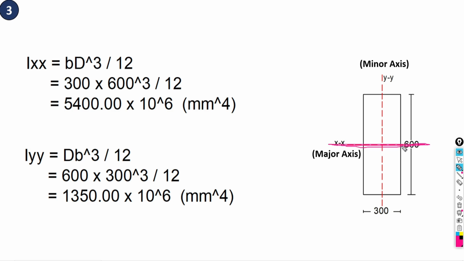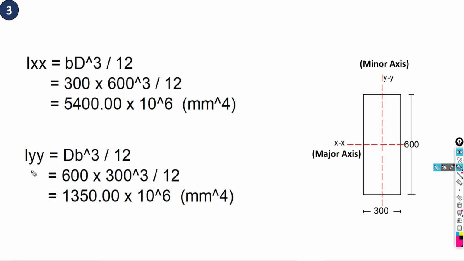This is going to become the width, so 300, and the depth is this one, the resisting depth about this axis. So 300 multiplied by 600 cube divided by 12, we get the moment of inertia as 5400 into 10 raised to 6 mm raised to 4.